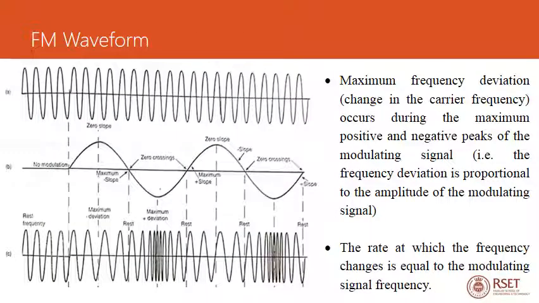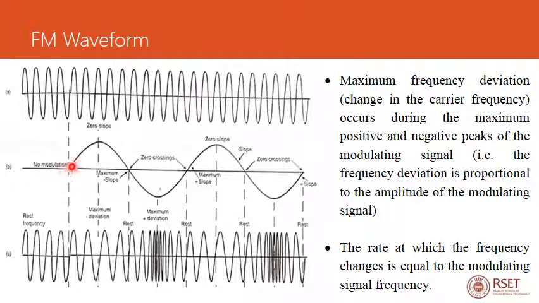This waveform explains the FM waveform. The first signal represents the high frequency carrier signal, the second represents the modulating signal, and the third represents the FM modulated signal. With no modulating signal, the FM modulated wave is the same as the carrier signal.